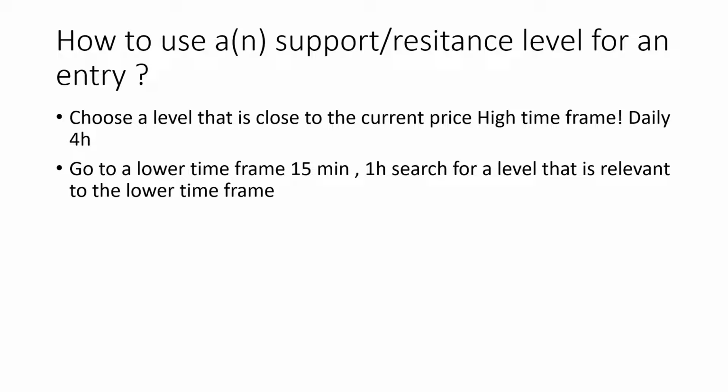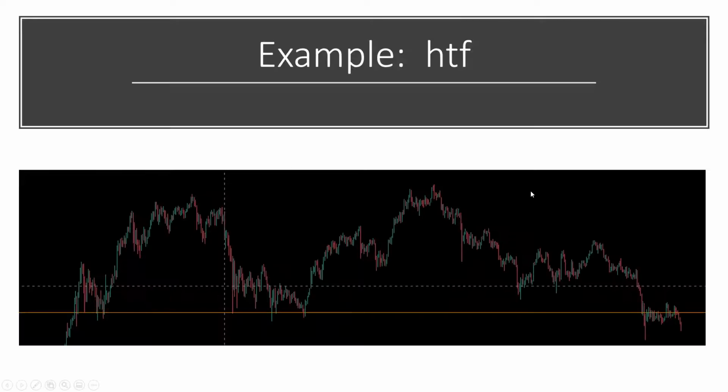You draw all those support and resistance lines, and when the current price goes to one of your levels, you go to a lower time frame, 15 minutes or 1 hour, to search for another level that's relevant to the lower time frame, and there you can put long or short. It doesn't matter.